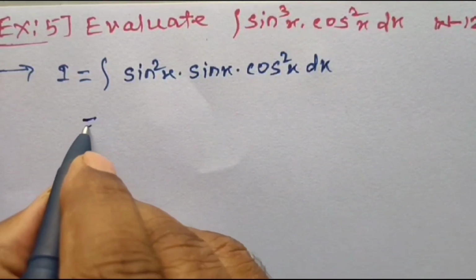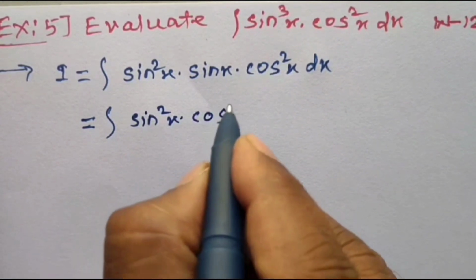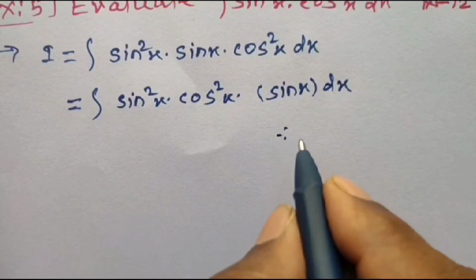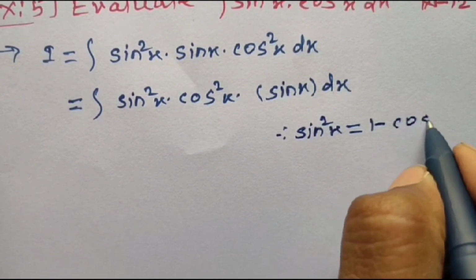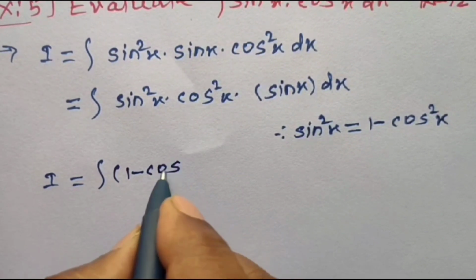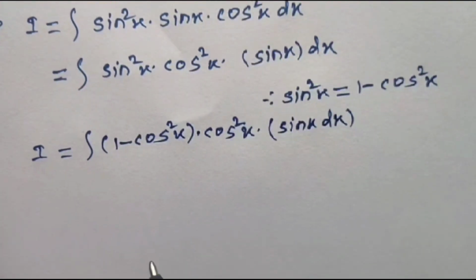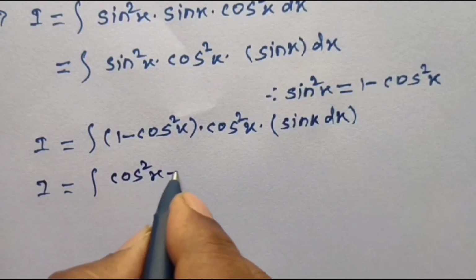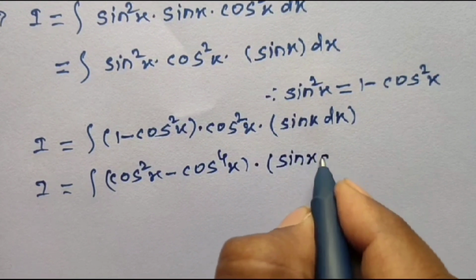Now again this can be written as sin square x into cos square x into sin x, integral with respect to x. Since sin square x is equal to 1 minus cos square x, hence I is equal to 1 minus cos square x into cos square x into sin x dx. Take the multiplication, hence I is equal to cos square x minus 4th power of cos x into sin x, integral with respect to x.